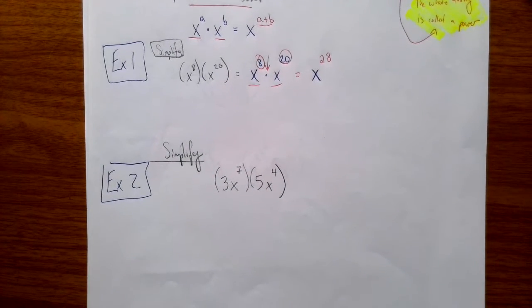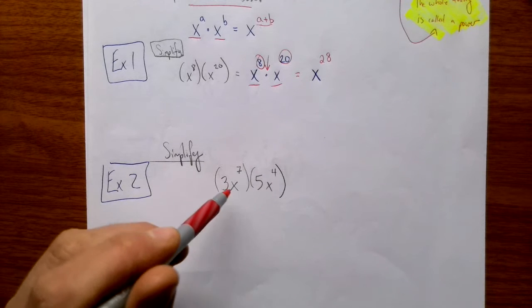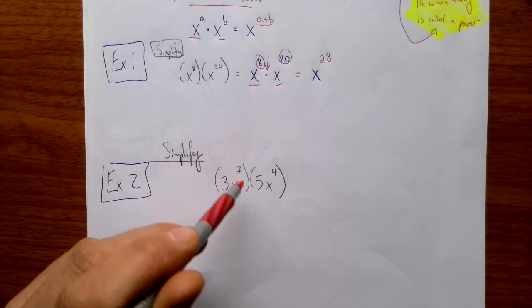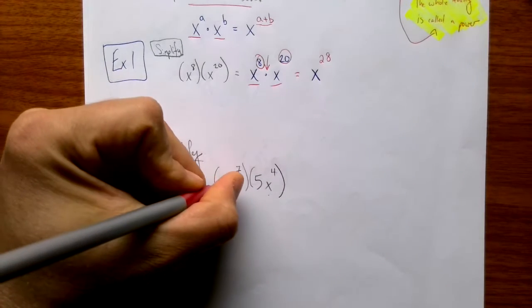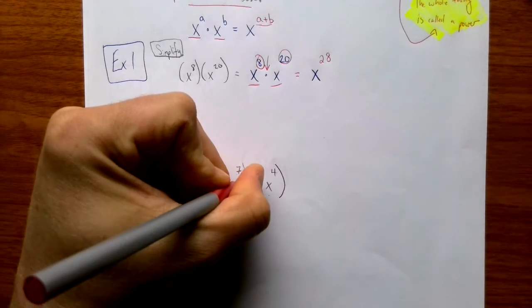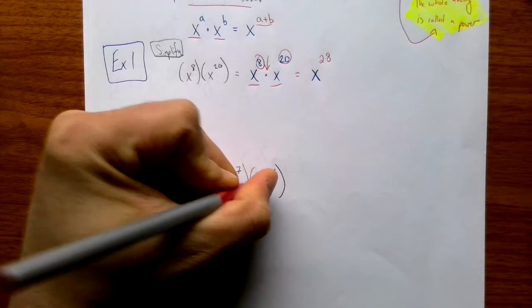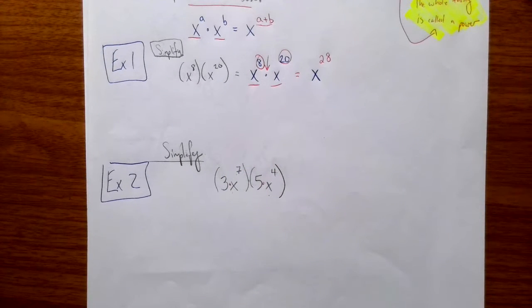Now, if we had something that had a little bit more going on, here we're multiplying 3 times x to the 7th and 5 times x to the 4th. So with the exception of those exponents, what we have here is a string of multiplication.